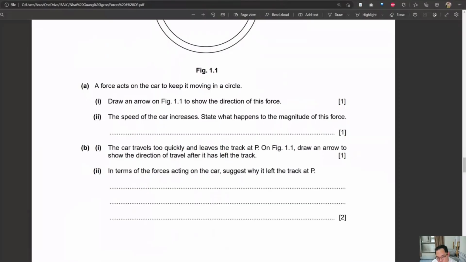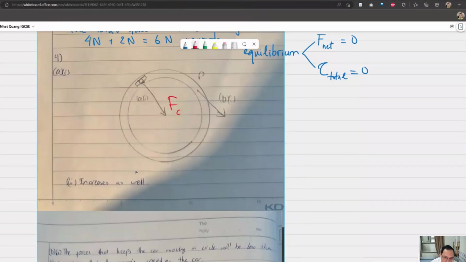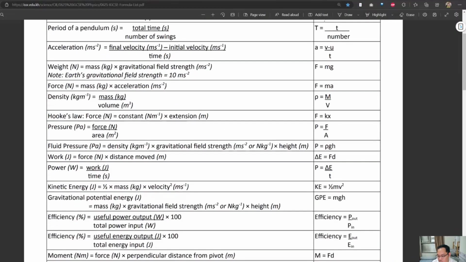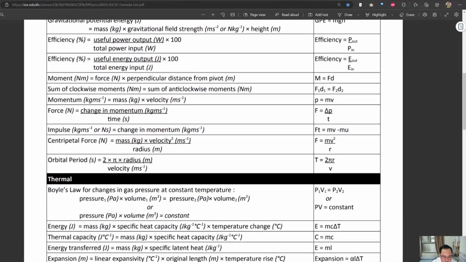The speed of the car increases, state what happens to the magnitude of this force. It must increase as well. Good answer, that's correct. Let me check if there's an equation given in the booklet about that centrifugal force. And I see no. Oh, here it is. The centrifugal force is calculated by mv squared over r.